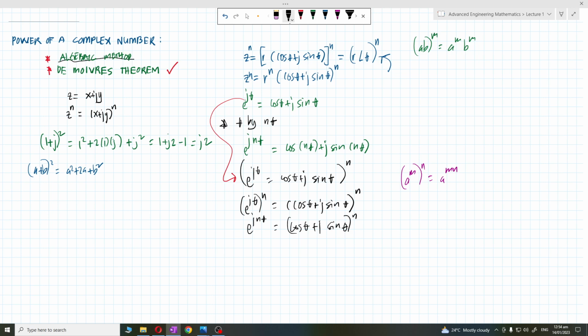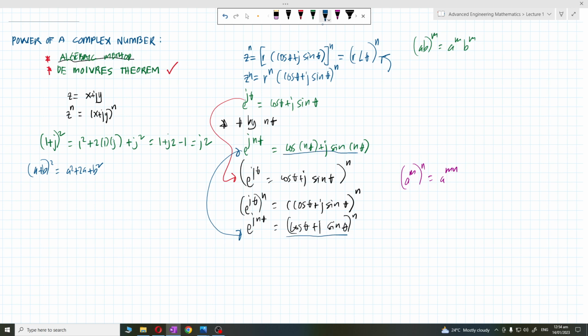Now, what is the equality of this expression? Take a look at these sides. Our e raised to j n theta is the same here, e raised to j n theta. Then look at the right side, guys.